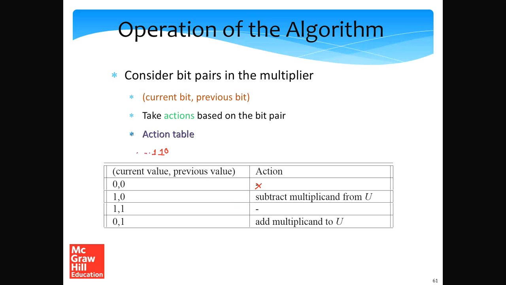Then if you are in the middle of a run of ones, so the current bit is 1 and the previous bit is 1, we don't do anything. And when there is a transition from a 1 to a 0, we add the multiplicand to u.